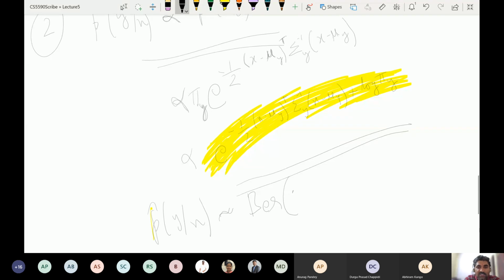I know this is a simple question, but this is just to verify whether you understood. Let me call it theta. Can somebody tell me the value of theta? Pi y. Okay, but this will be a function of x.